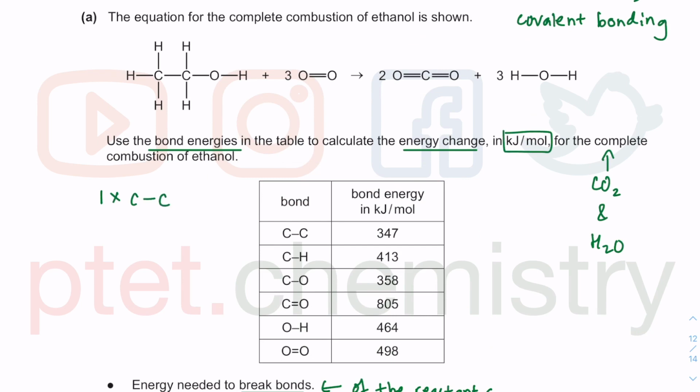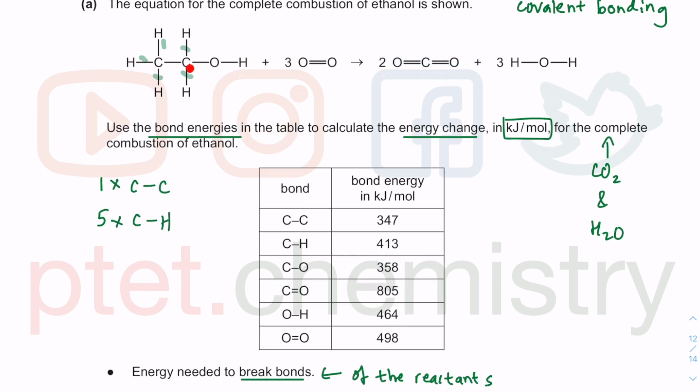And if I draw it out, 1, 2, 3, 4, 5, there are 5 of these C-H covalent bonds. And then I have 1 of these C-O covalent bonds, and 1 O-H. And now I'm breaking 3 moles of the oxygen double bond.